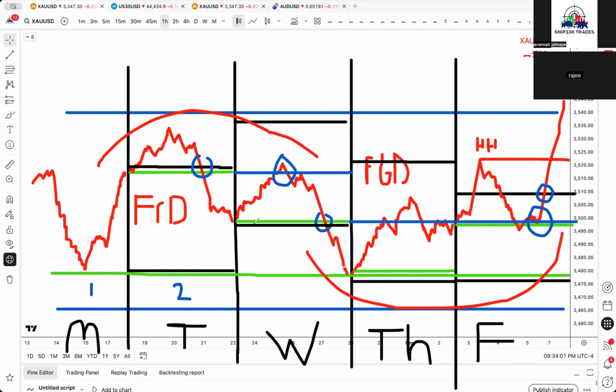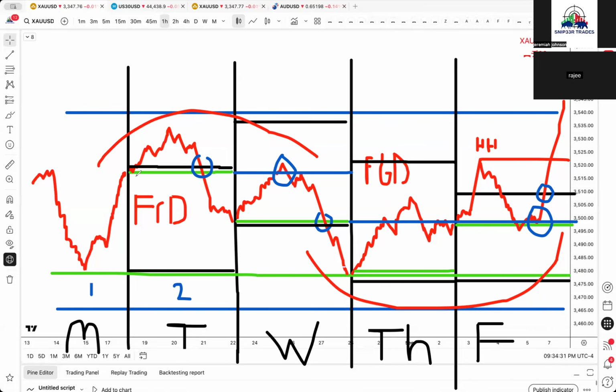Now there was a Tuesday trade, but the 3 day setup is always on Wednesday and Friday for every week. Now there are trades on Monday. There's trades on Tuesday, but Wednesday is always day three. Friday is always day three for the week. The Monday to Friday template.